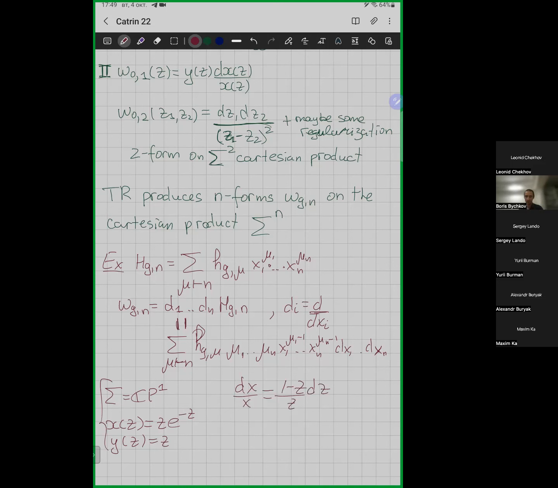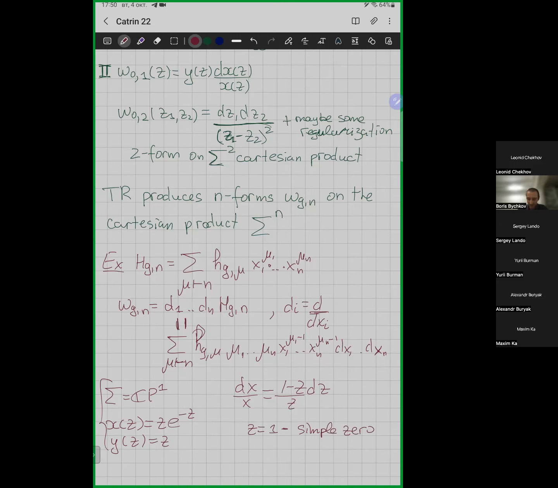And so it has a simple zero at the point z equal to 1. And the zeros of dy away from this point, the number is equal to 1.